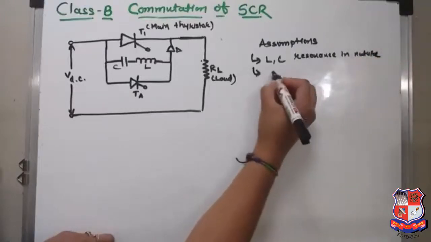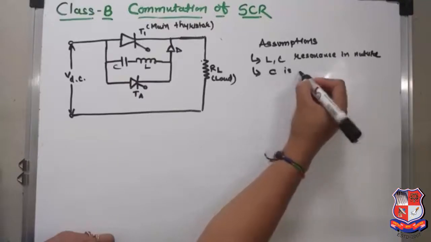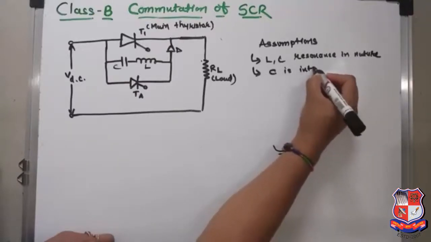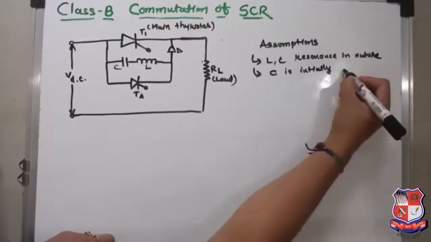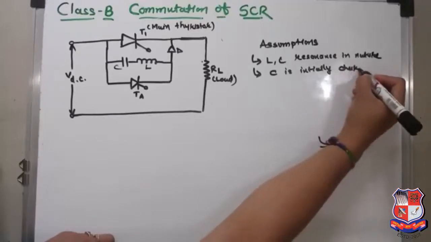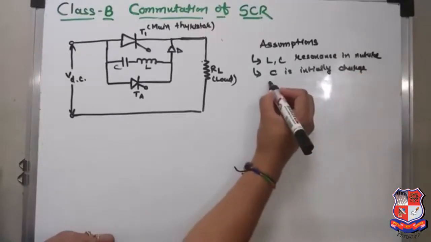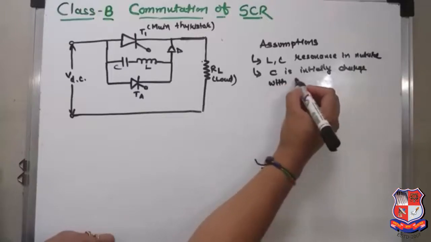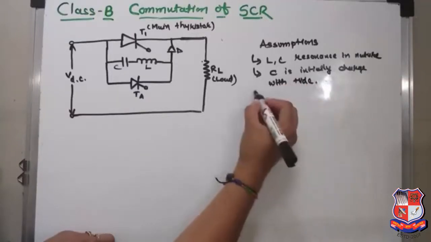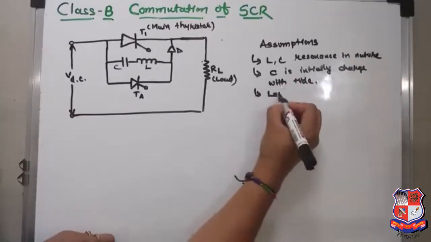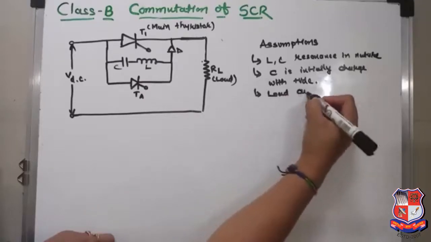Second, the capacitor is initially charged with plus VDC. And third, the load current is constant.